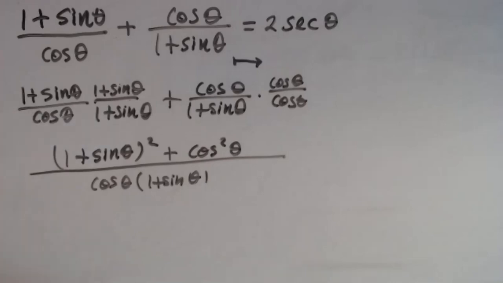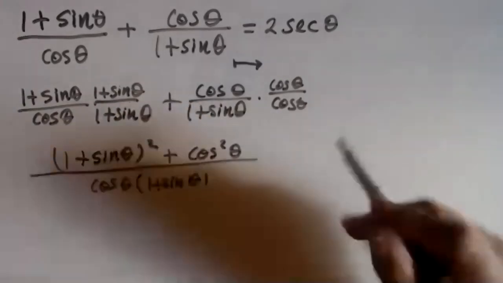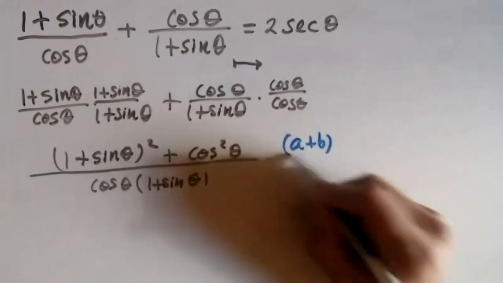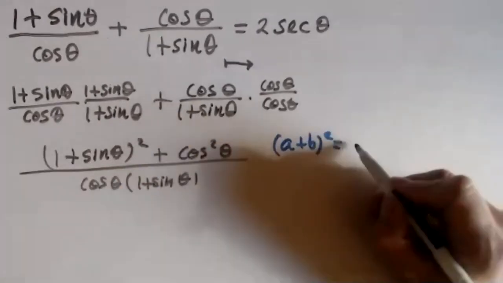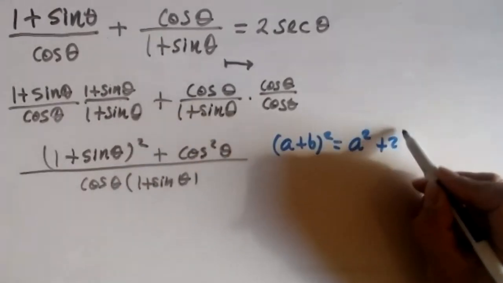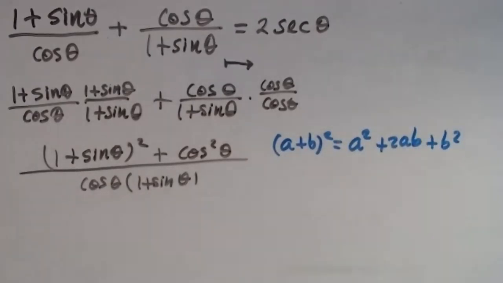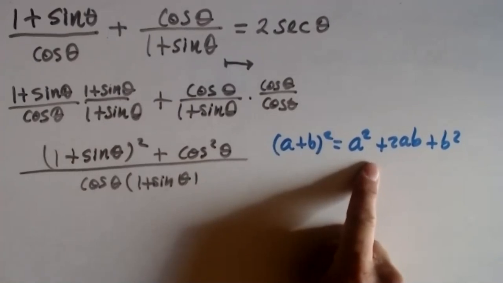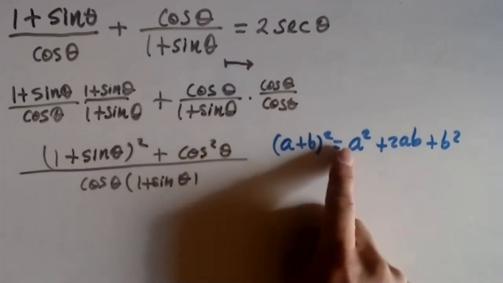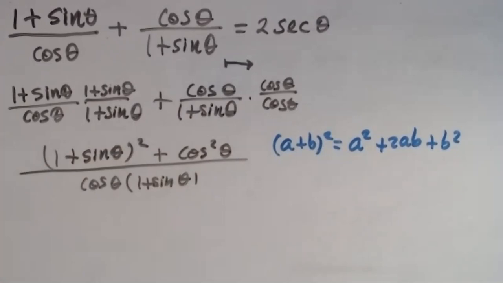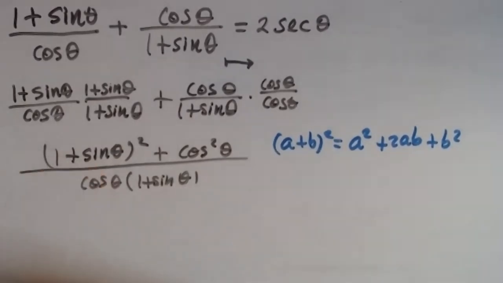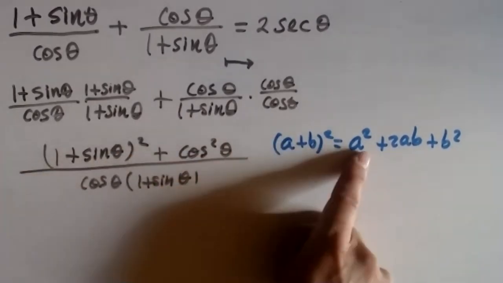Remember this expansion? Remember what a plus b squared was? It was the first one squared, the double product of the terms, plus the last one squared. This is this one right here. So this here is going to be the expansion for this one. So I'm going to expand this parenthesis using this one.